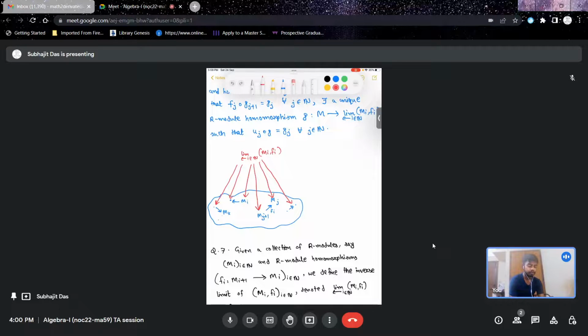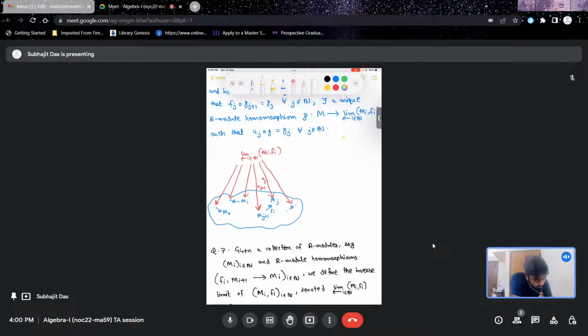So if I compose with this, let me just name these arrows. This is uj, this arrow is uj plus 1, and so on, right? All small triangles will commute, and such that given any object M together with arrows into the various Mj's. Let me use a different color now.